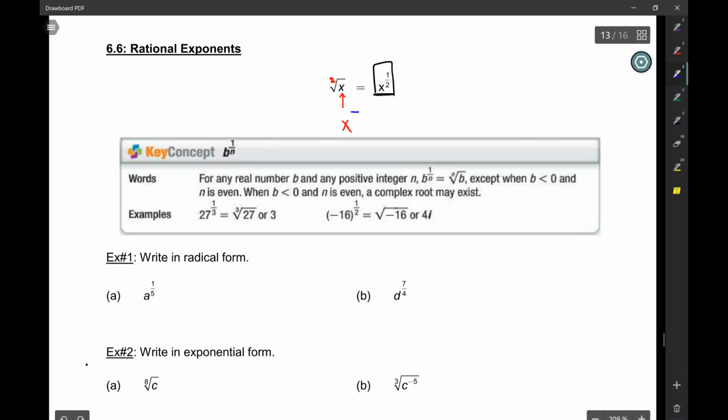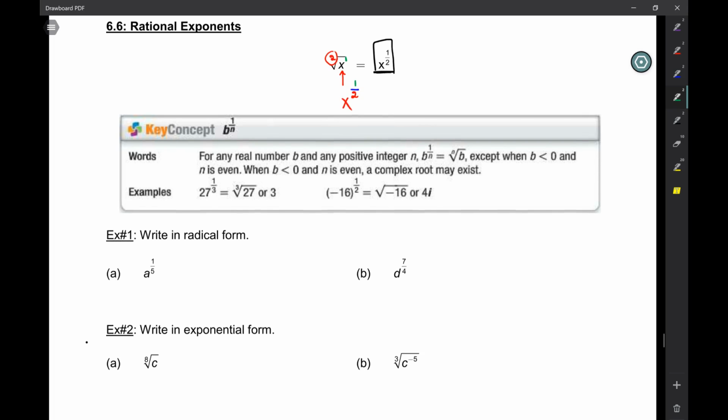The index becomes the denominator of that exponent. The power becomes the numerator. And with that, you could go backwards and forwards.